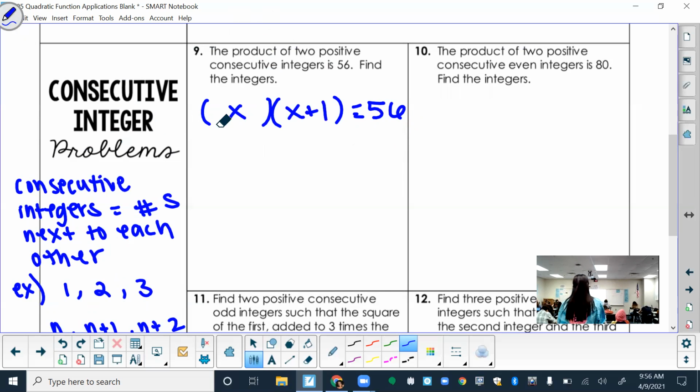Does that make sense? Everyone know where we're getting this from? The first number we don't know, so that's x. But since we know they're consecutive integers, the second number has to be x plus 1. All right, and they multiply together to give you 56. We're going to figure out the integers by solving for x. So how can I multiply these out?